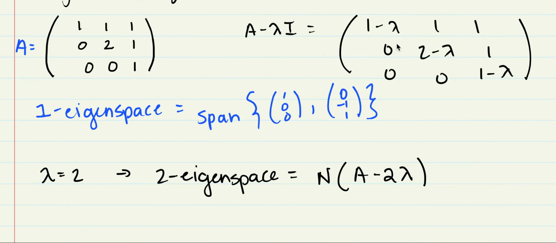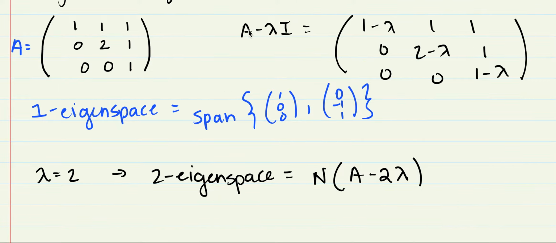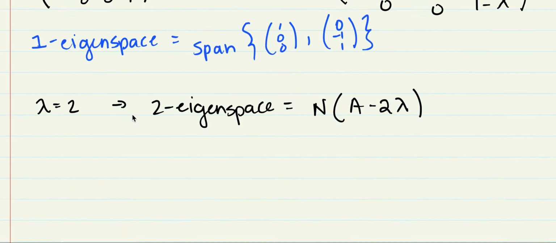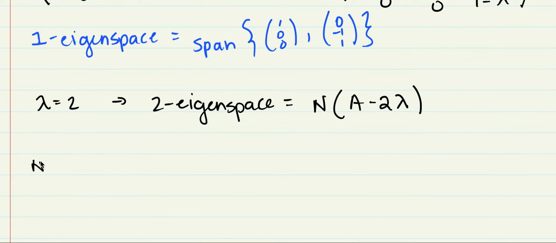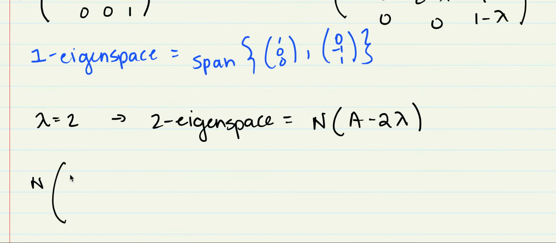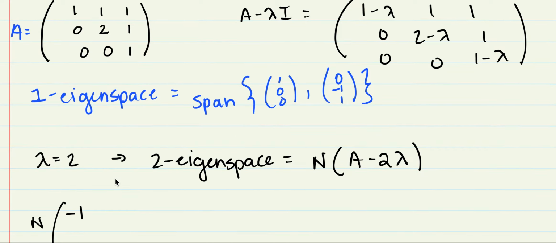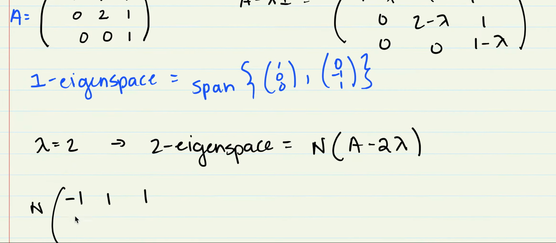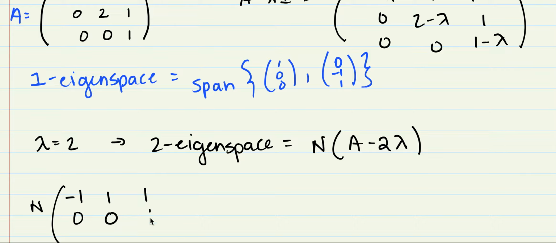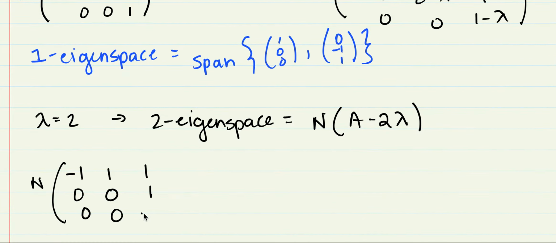Okay, so here is our matrix A minus lambda I, so I'm going to put a 2 wherever I see a lambda. So I should get a -1, a 0, and a -1. So I want the null space of the matrix -1, 1, 1, 0, 0, 1, 0, 0, -1.